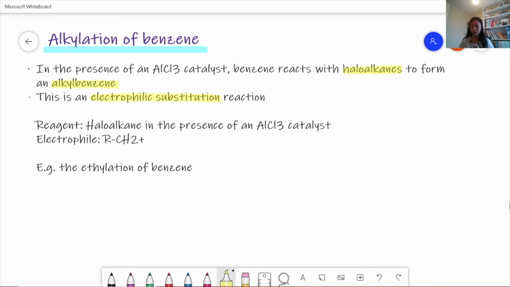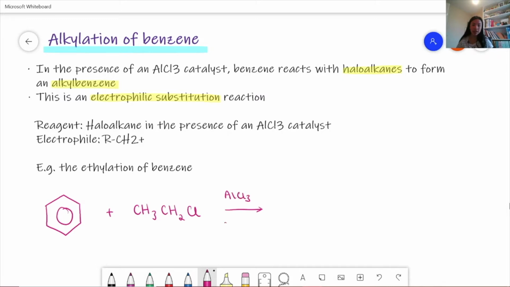So for example, looking at the ethylation of benzene, the haloalkane we're using is some kind of haloethane. So for example, if we used some chloroethane, what we would get would be the benzene reacting with some chloroethane. So we have CH3CH2Cl, and this will react in the presence of this aluminium chloride catalyst.